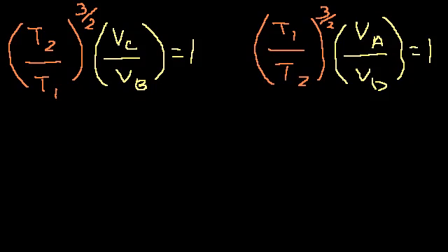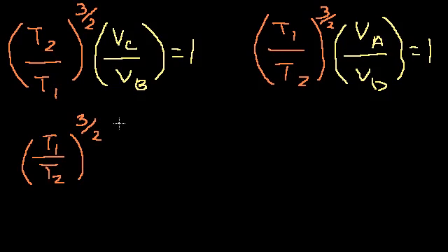this equation right here. So obviously, if we take the reciprocal of this, we could just say this is T2 over T1 to the minus 3/2 power, which is the same thing as T1 over T2 to the 3/2 power, right? That's just the reciprocal.